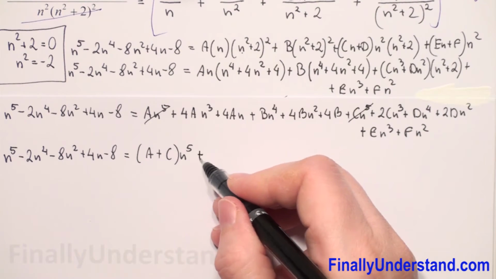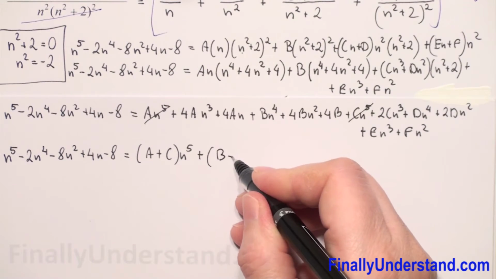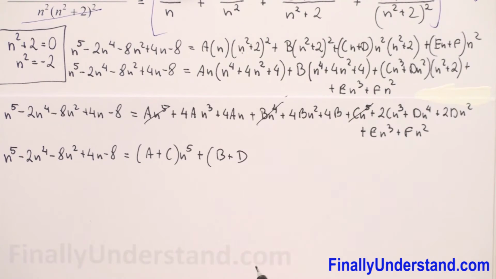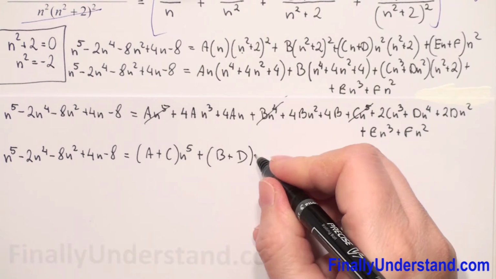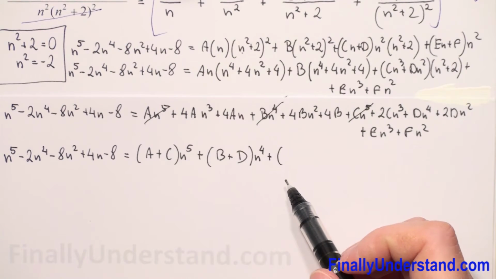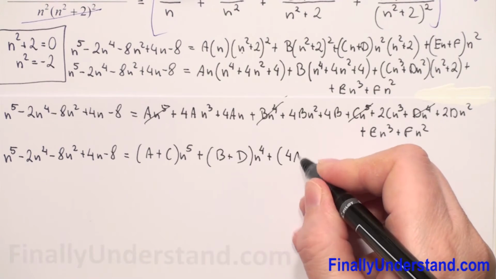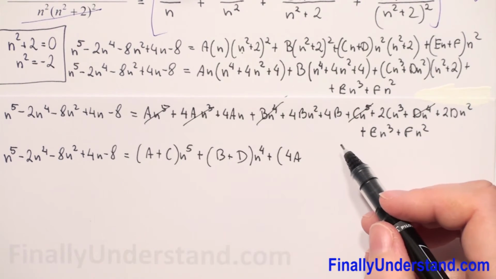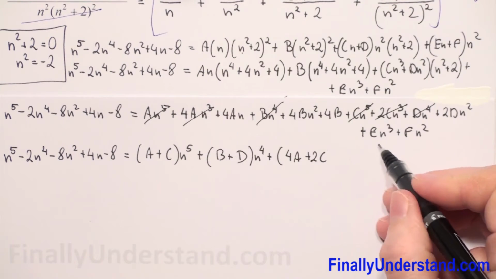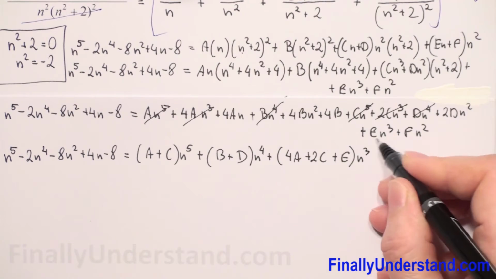Next expressions with n to fourth power, so we have b plus d, so times 2n to fourth power plus, now we have to check expressions before n cubed, so we have 4a plus 2c, and we have plus e times n cubed.